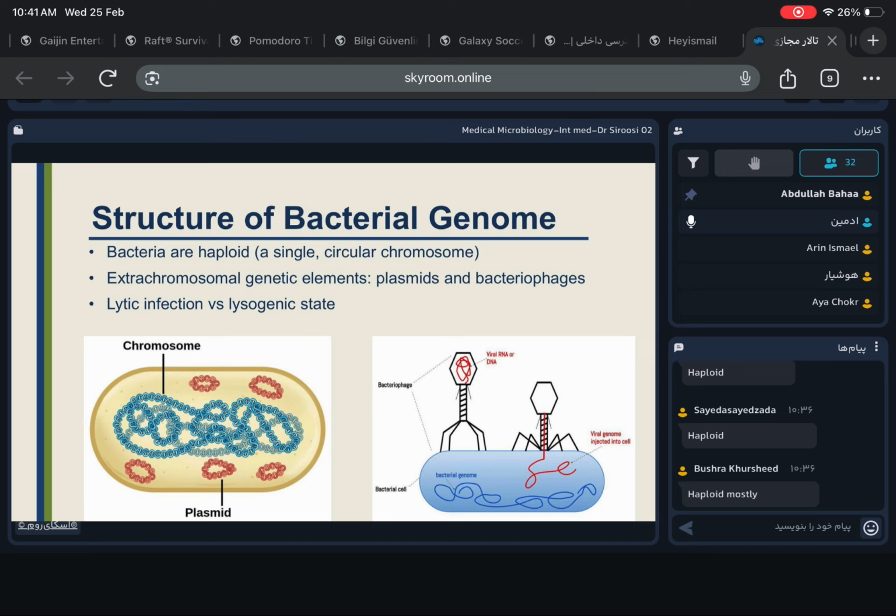First of all, their genome just integrates into the bacterial genome, and it can stay there even for a long time. And when there is stress, when there is damage to the bacterial genome, the bacteriophage genome exits from the bacterial genome and starts the lytic infection.